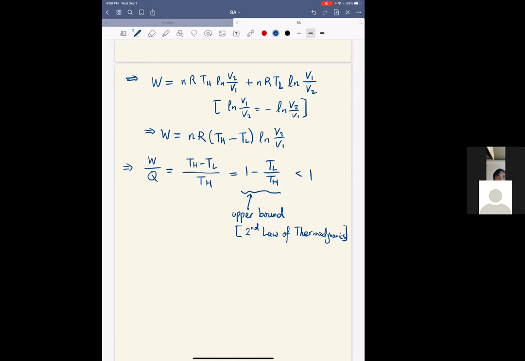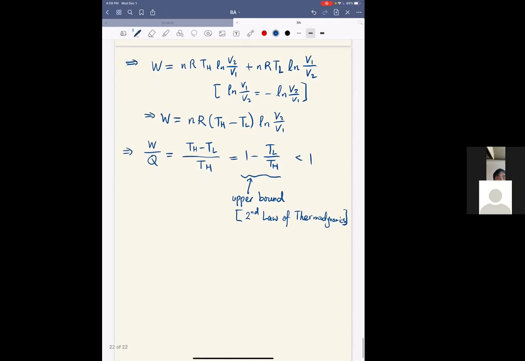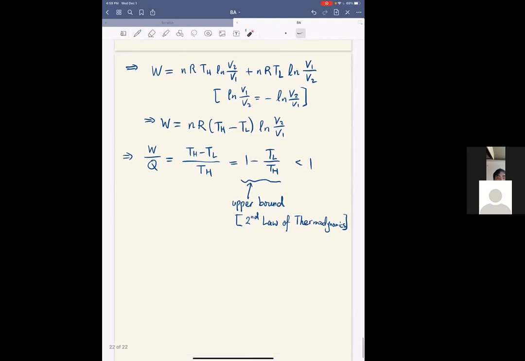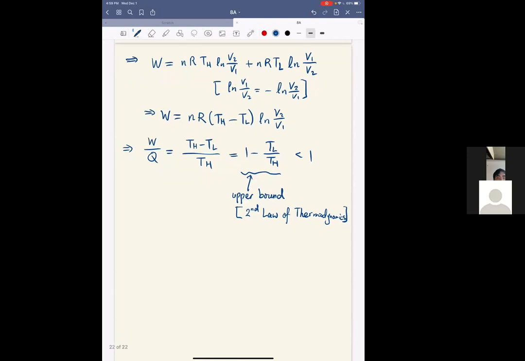This law seems to be more weird than the second law of Newton's dynamics, but actually the thing it's describing is quite fundamental. It's giving you an upper bound for the efficiency with which you can convert heat to work.